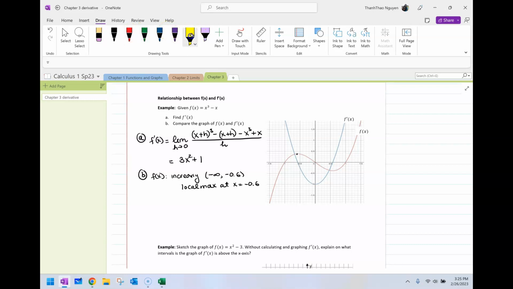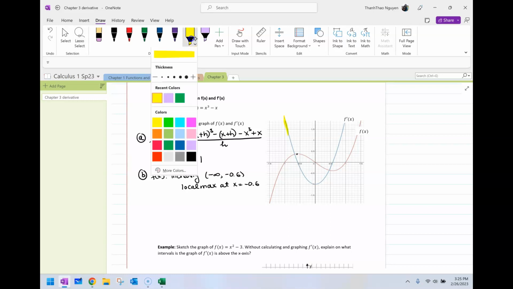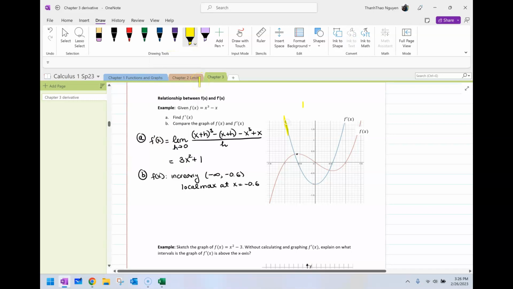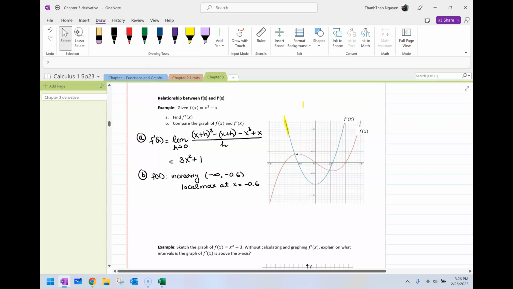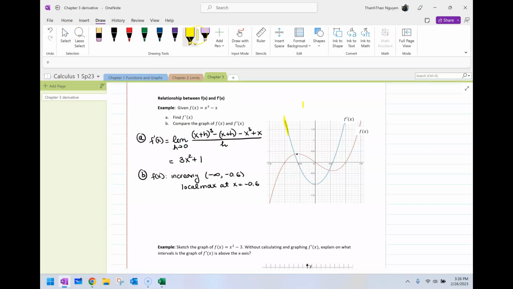This corresponds to the slope, this corresponds to the graph of f prime of x. f prime of x is positive here. f prime of x is above the x-axis. It's positive.